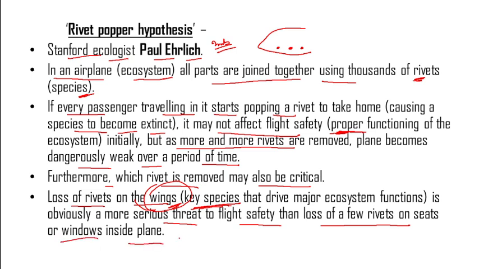That means if we keep on removing rivets from the seat or the window, the flight safety may not be affected. But if the rivets are removed from the wings of the airplane, then the flight safety would be affected severely. Similarly, if key species are removed, then the ecosystem will be affected seriously.